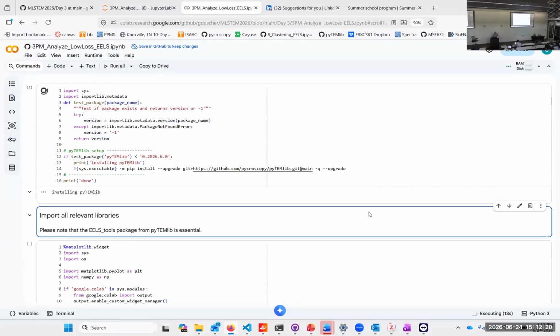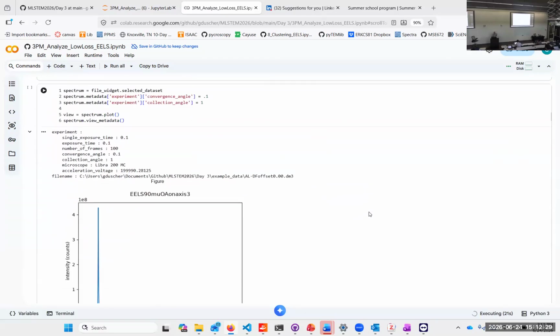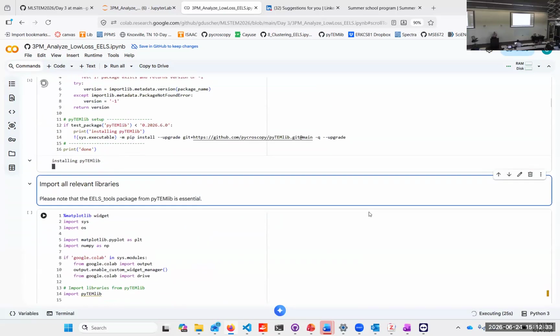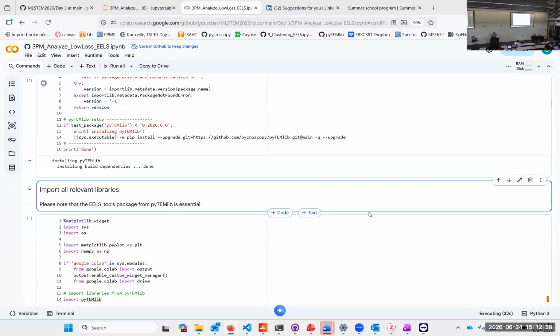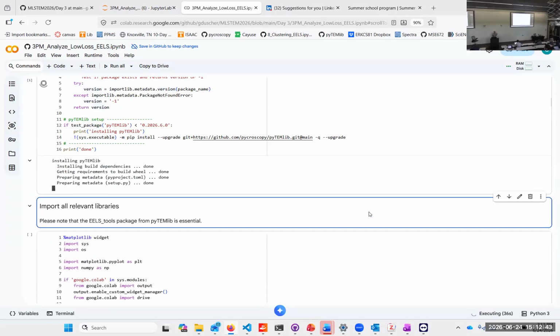Now we're using the EELS tools here. And we knew that we have the core loss and the low loss spectrum. So that might be even the longest thing. So it's installing it. I'm not sure why. Okay, here we go. So it's installing stuff.